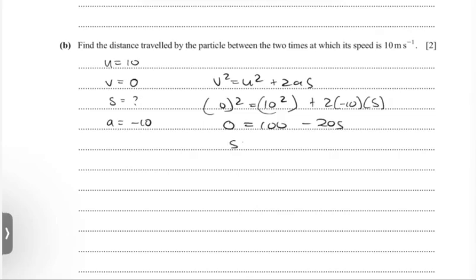So my displacement here, or my distance, is 5 meters. And so therefore, because it has to go up and it has to come back down again, I know that it's then going to be 5 times 2, which is 10 meters.